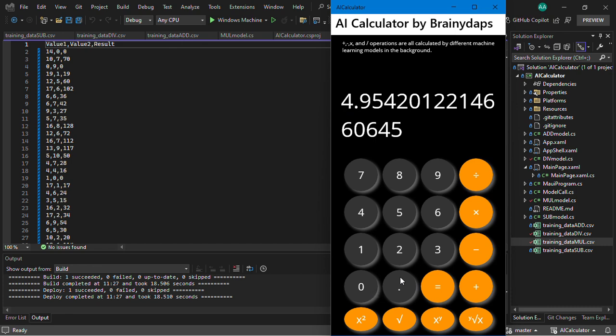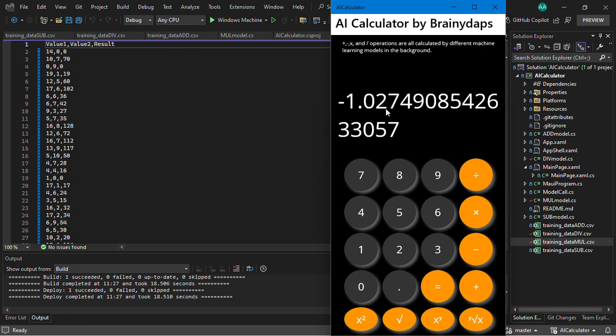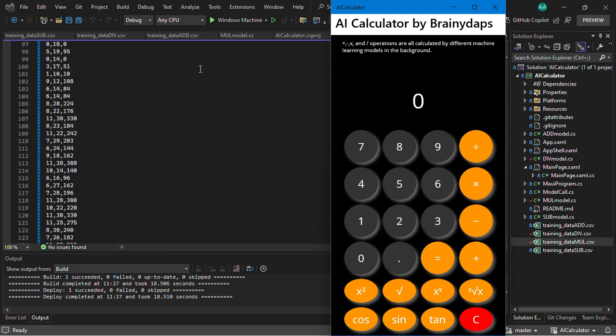Okay, probably it didn't have enough 0 multiplication data, so I'll work on that. What about 8 multiplied by 0? Minus 1.0. Okay, so this just shows a demonstration of how artificial intelligence can actually work.